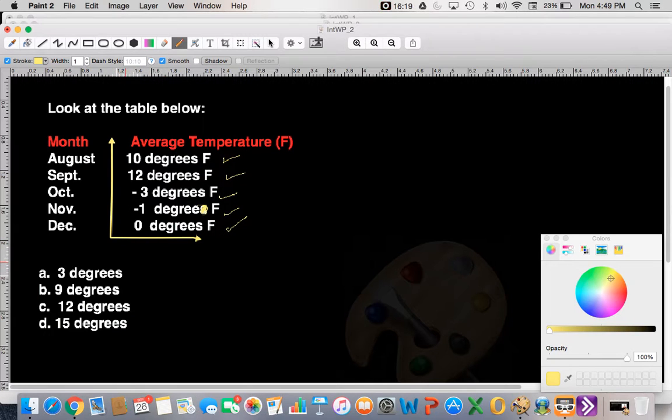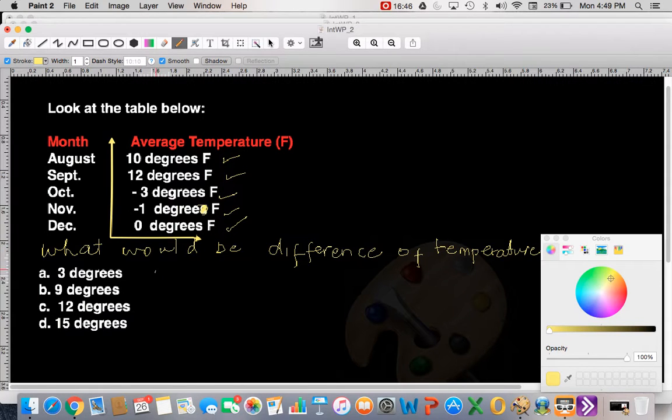So the question here, what would be the difference of temperature in the months of September and October?